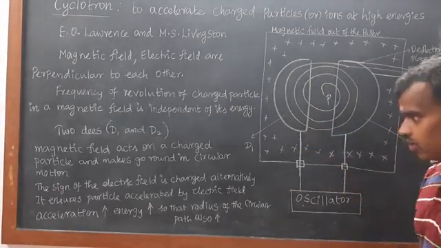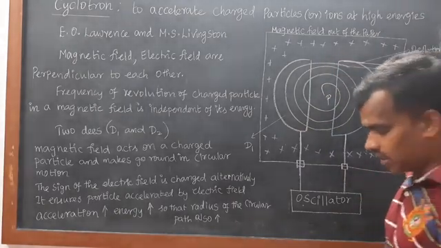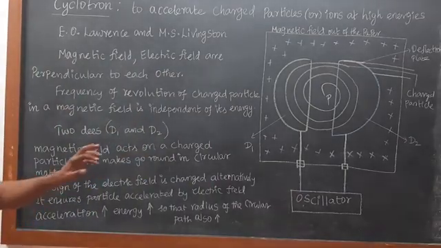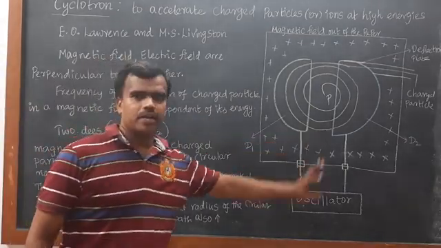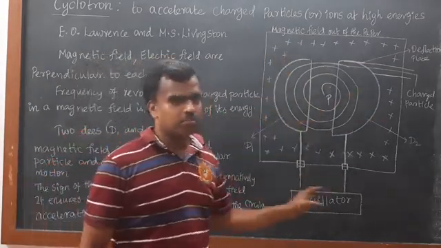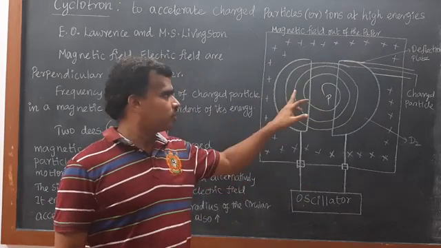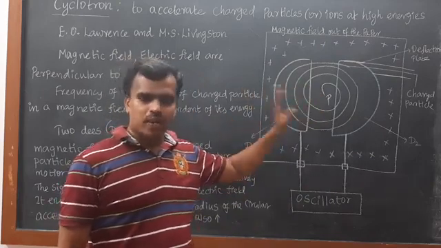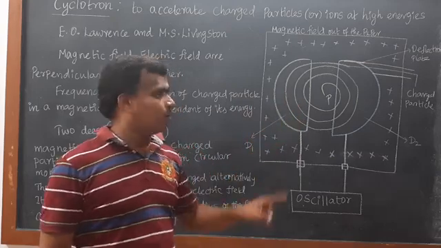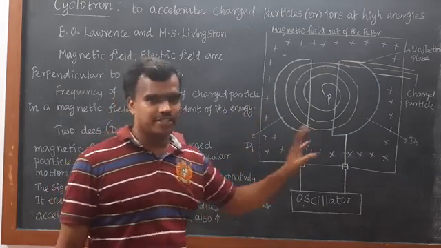Now, how is this cyclotron working? Coming back here, we have two D's. I have chosen a proton, and inside this metal box only the magnetic field acts on the charged particle. There is no electric field inside the D's. We change the polarities of the electric field outside the metal box.